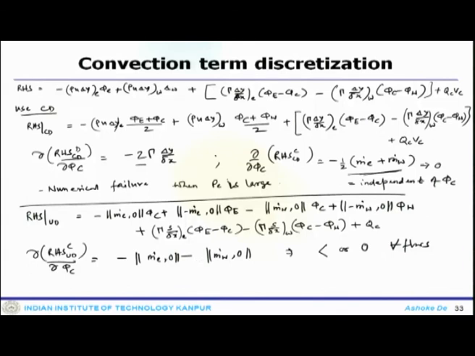It will be 0 when both the mass flow rates are negative, a situation that does not arise in a one dimensional situation of constant area cross section.